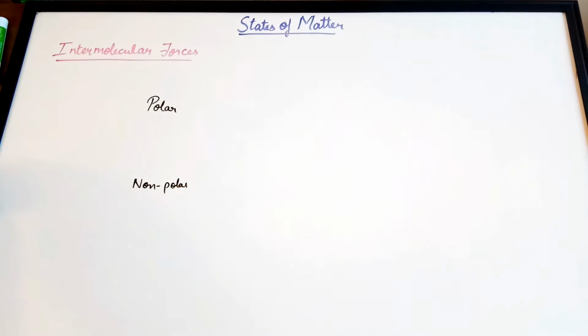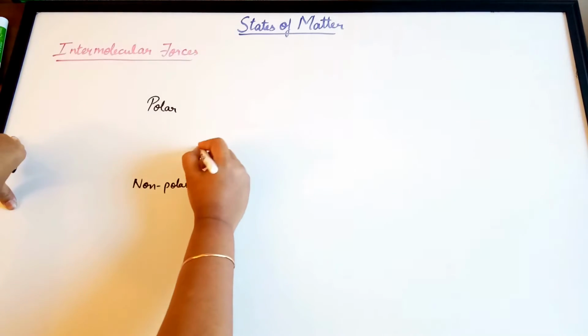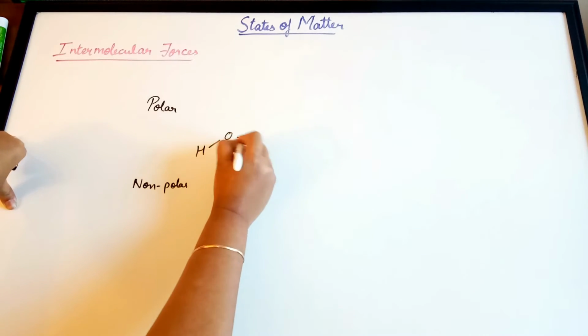So polar molecules, before I tell you, okay, fine, this is a polar molecule and this is a non-polar molecule, let us look at examples of polar and non-polar molecules. So polar molecules examples include, or rather one of the most commonly known examples is water.